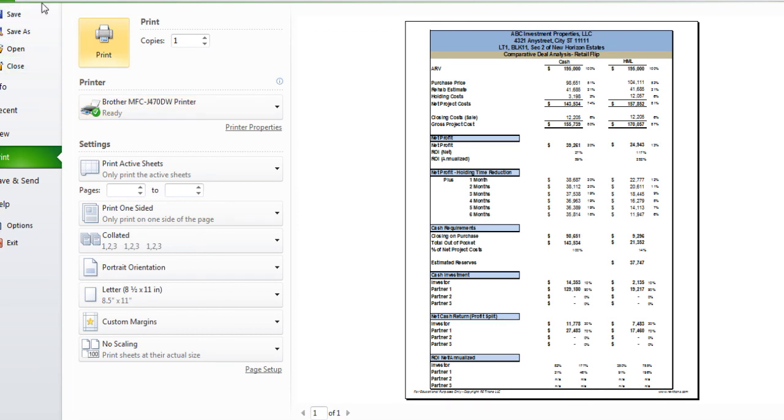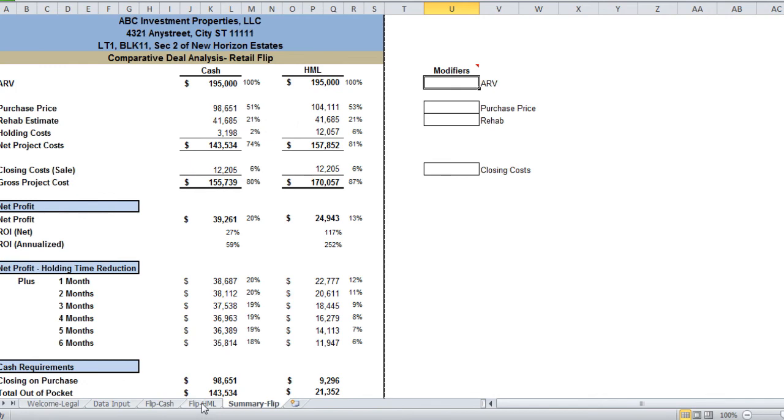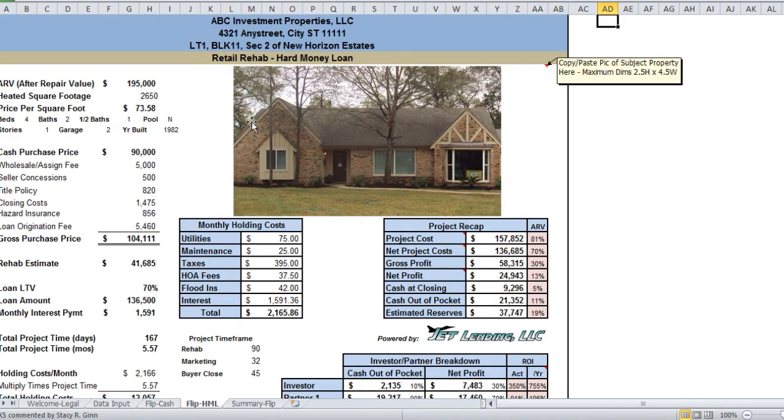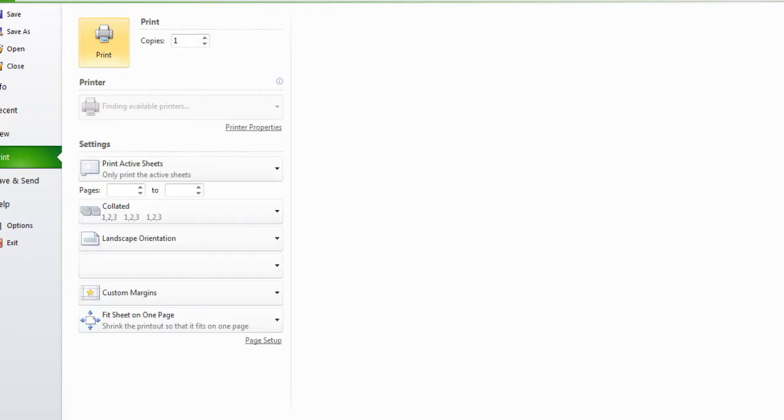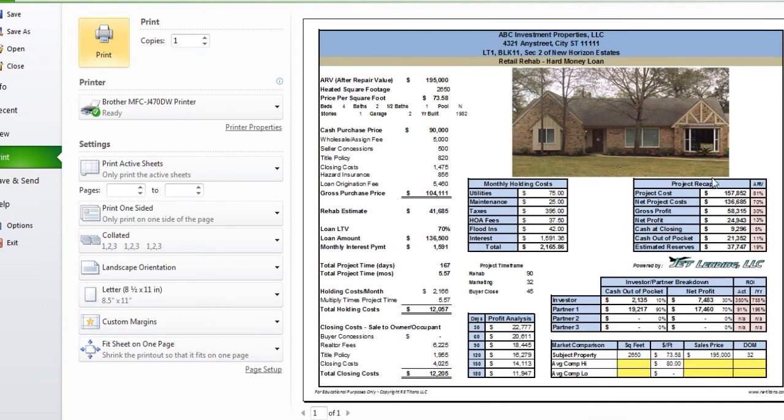Next, we'll go back over to one of our other pages here. So we'll go to our flip hard money loan page. Same thing, we'll do a print screen. And this is what you get, a very professional looking, very easy to read document that you can print out. You can save it to a PDF.